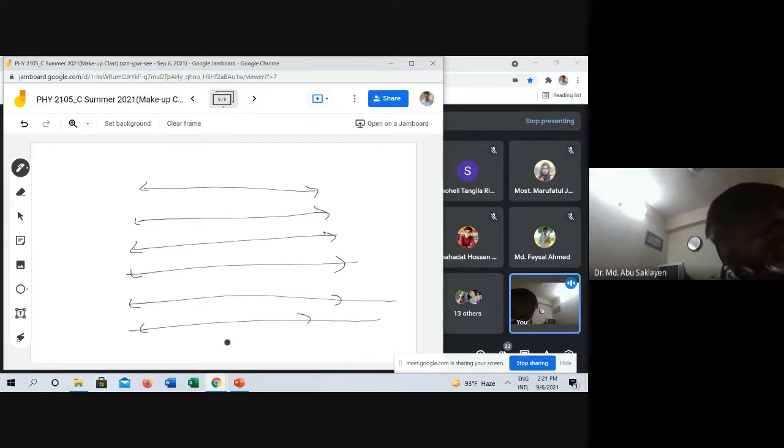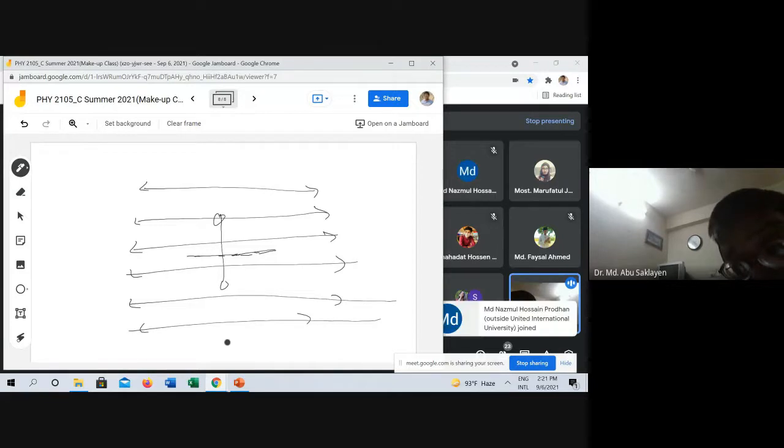Suppose initially this is the torque, the angle is 90 degree with the magnetic field, right? So when the electric field is along this, it will rotate, and when the electric field is along this, it will rotate like this.